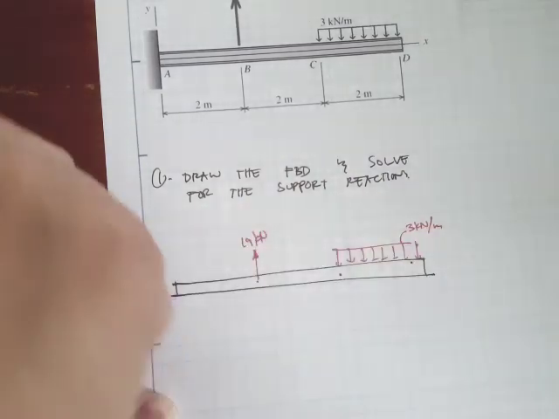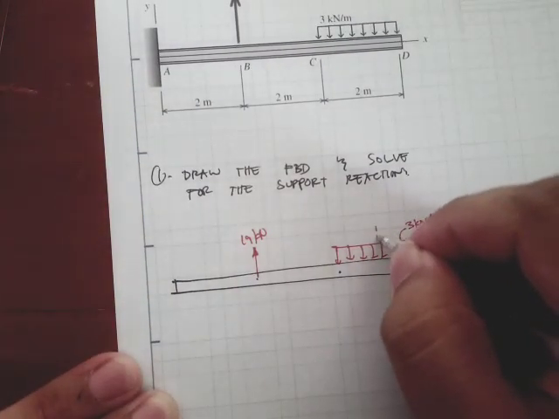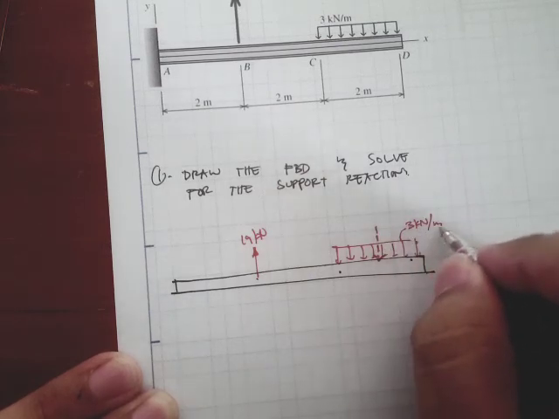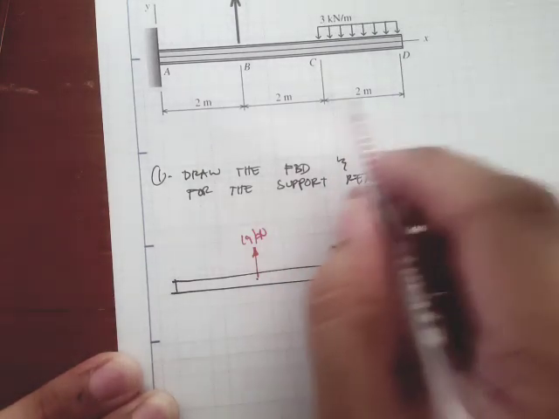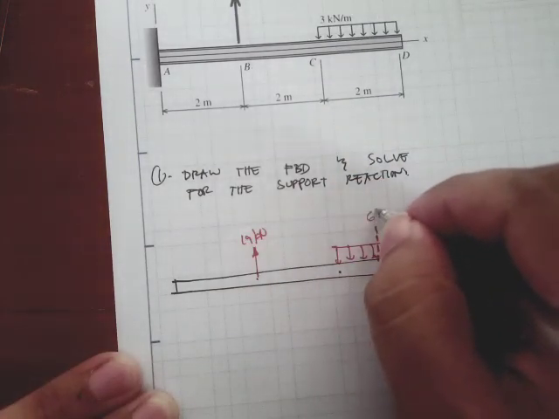Okay, and if we want to take the equivalent concentrated force, this is just simply 3 kilonewtons per meter times the length. So this is 2. This is 6 kilonewtons.